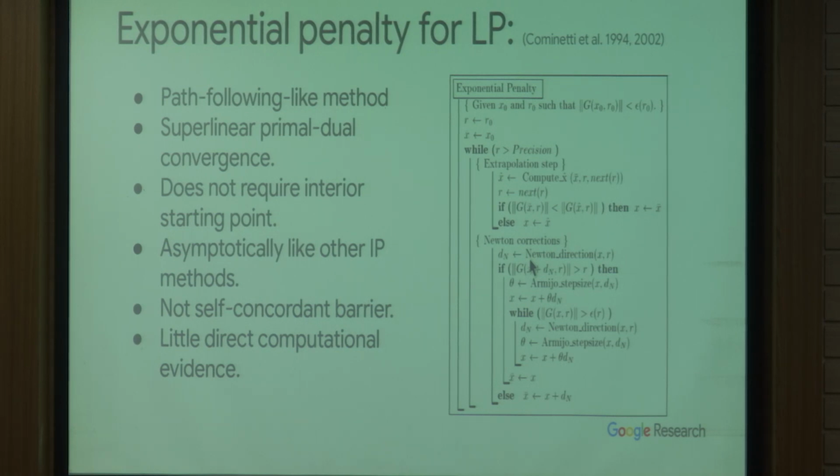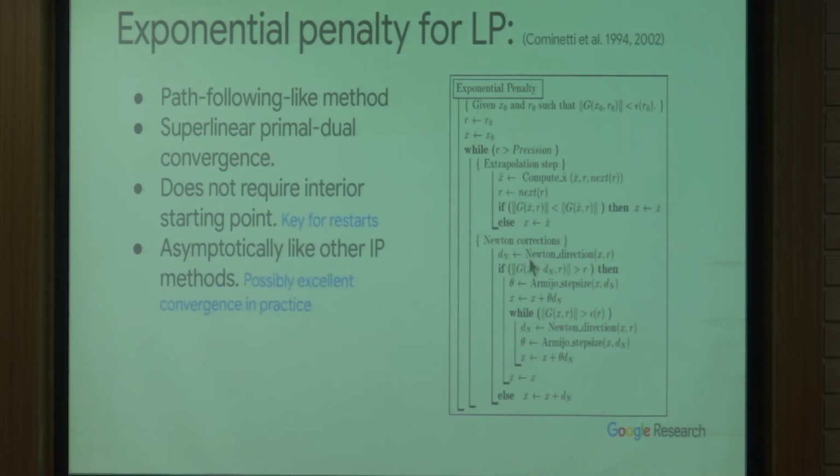So when you're close enough, the dual variables that are implicit in the algorithm converge exponentially fast to the optimal duals. It does not require interior point. It should be asymptotically like other interior point methods. It's not a self-concordant barrier, which could be a problem. And there is little direct computational evidence on how well this will work, but it was a possibility.